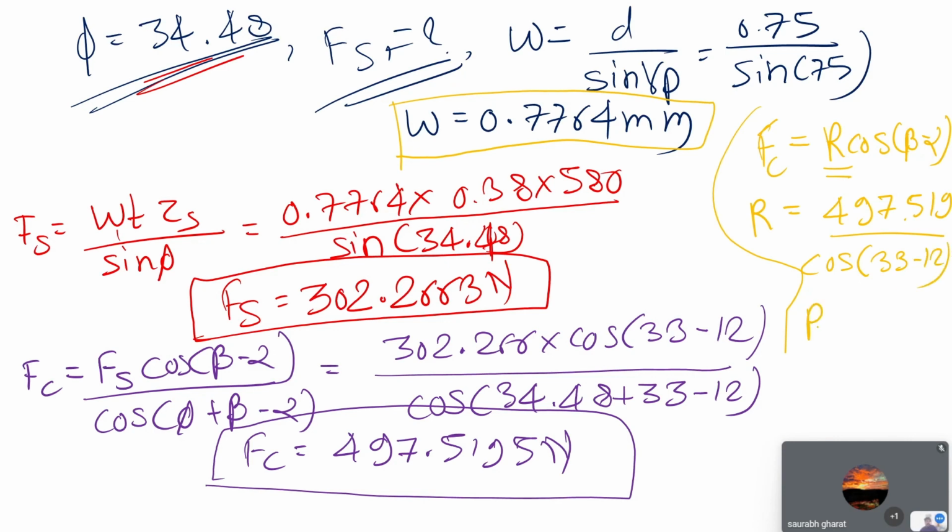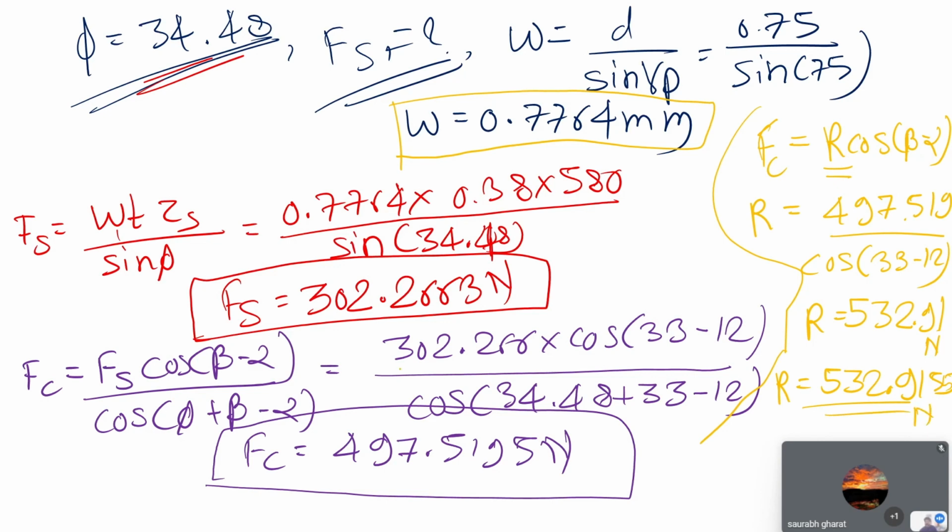So you got R now, it's 5, not 4, which is 5 3 2.9155 Newton. Okay, so it is actually 532.9155 Newton.